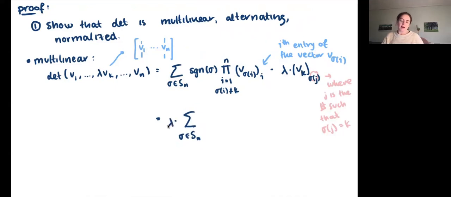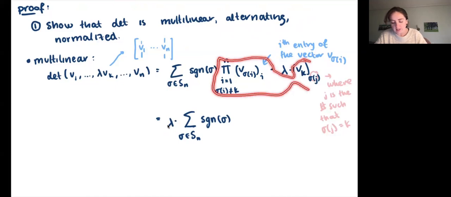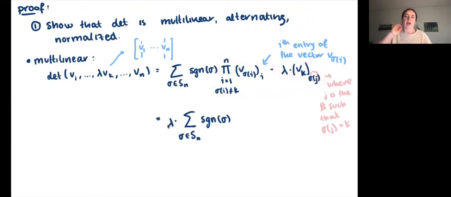So this is going to be lambda times this sum, sign of sigma, times, well now I'm able to group all of these things into one product because now I am truly just looking at the vectors v_k. There's no scalar multiples. So this will be the product as i goes from 1 to n of v sub sigma of i, sub i.